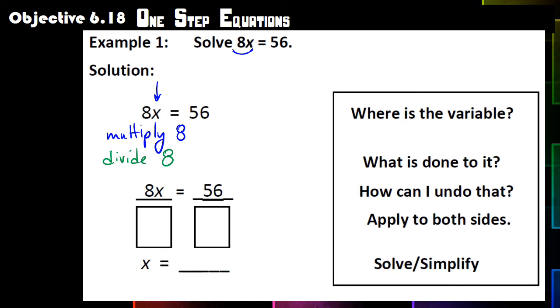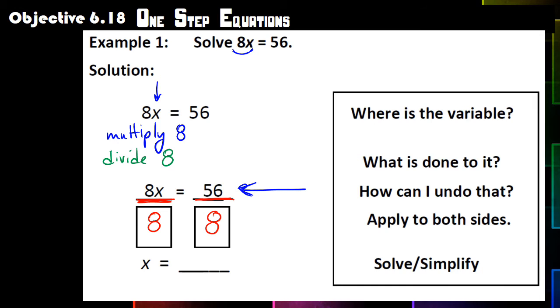Here's the way this is going to look. We're given 8x equals 56. We notice that we have 2 bars here, which means we are going to divide both sides by 8.